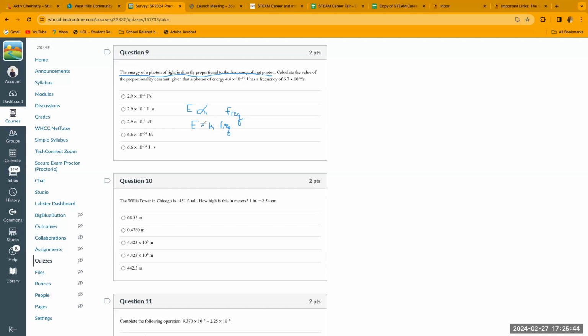Now we need to solve for K. So energy divided by freq will equal K. Then you just put the energy in, and then you put the frequency in, and you should get what K is.